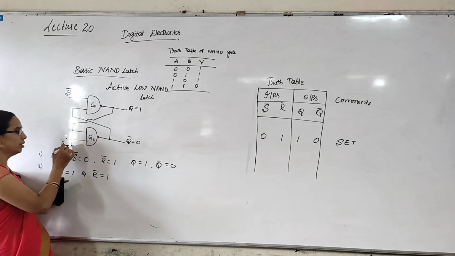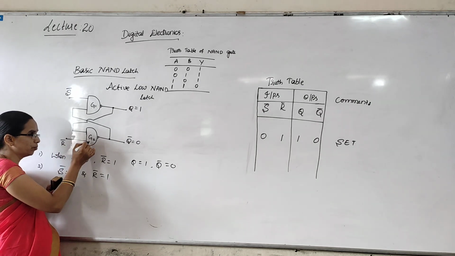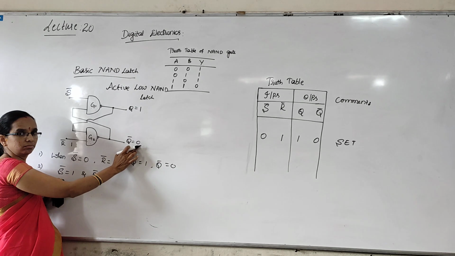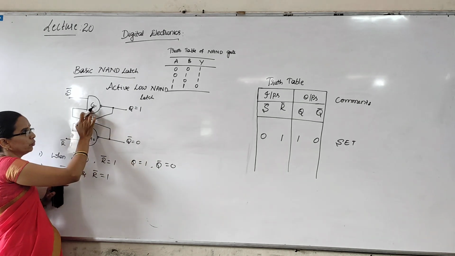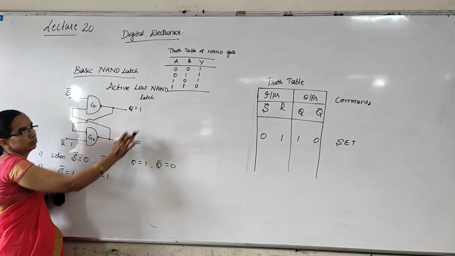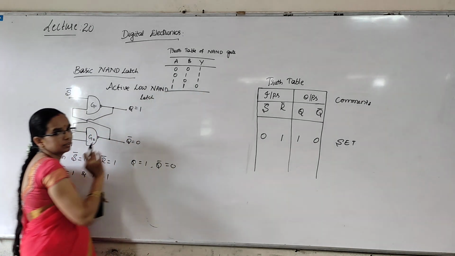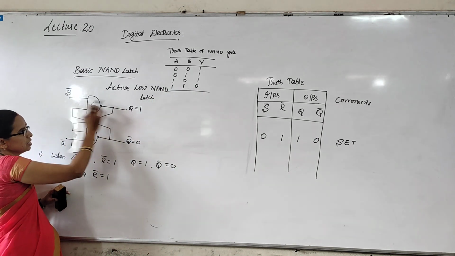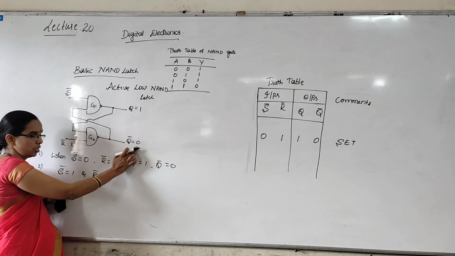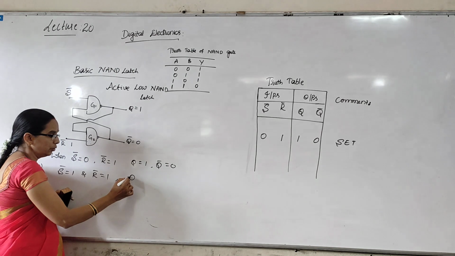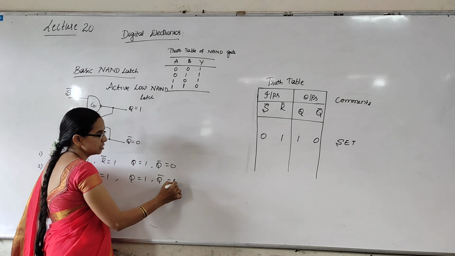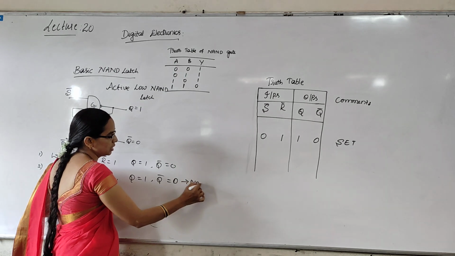See, for gate 2, 1 and 1 leads to 0. Or if you want to analyze gate 1 first, 1 and 0: the output remains 1, and 1 and 1 output remains 0. So here Q remained at 1 and Q bar also remained at 0. So no change.